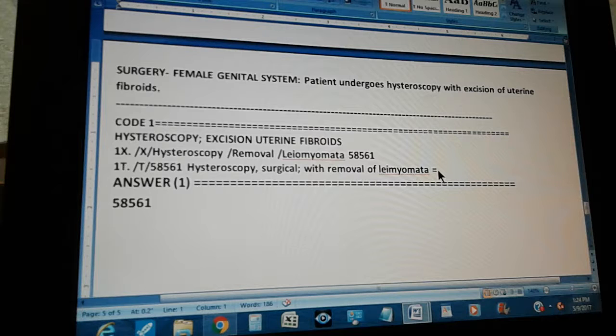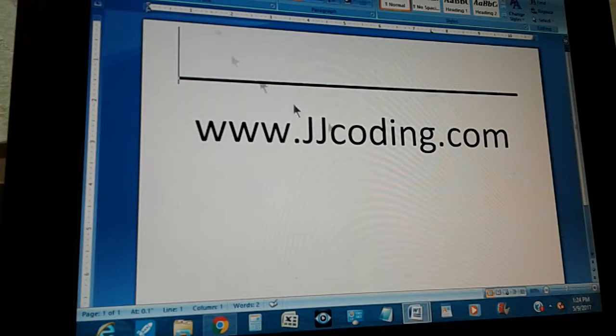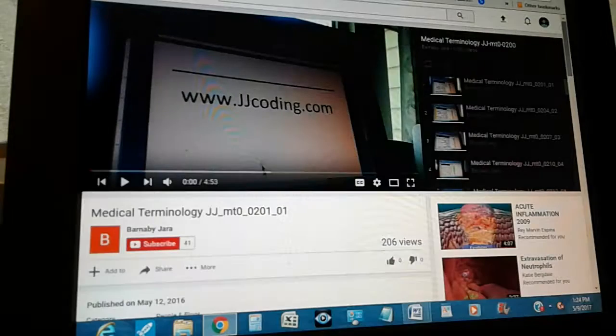The code is at the beginning, right? That's the one we're looking at. And that's why we have the equal sign, which means that this is the code that we need, and the answer is 58561.